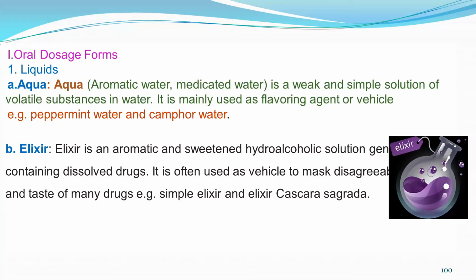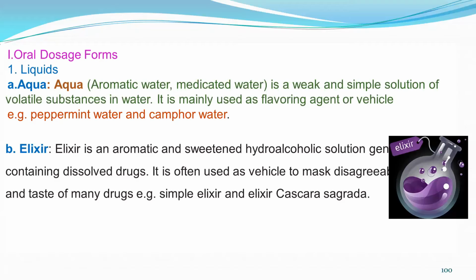The next category is the elixir. Elixir is an aromatic and sweetened hydroalcoholic solution containing dissolved drugs. It has a very acceptable odor and is also sweet. It is often used as a vehicle to mask the disagreeable taste of certain drugs.